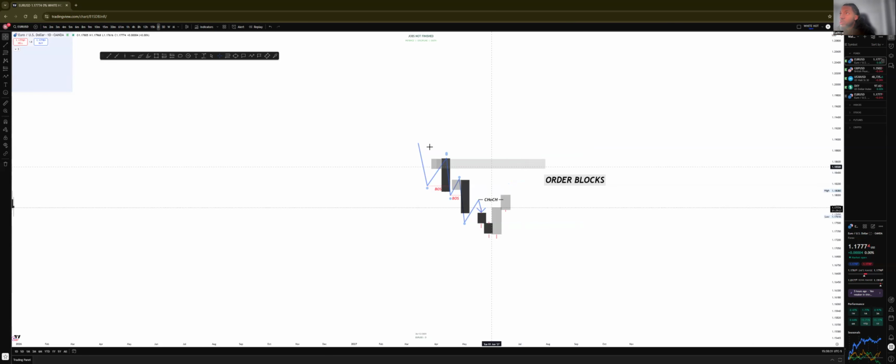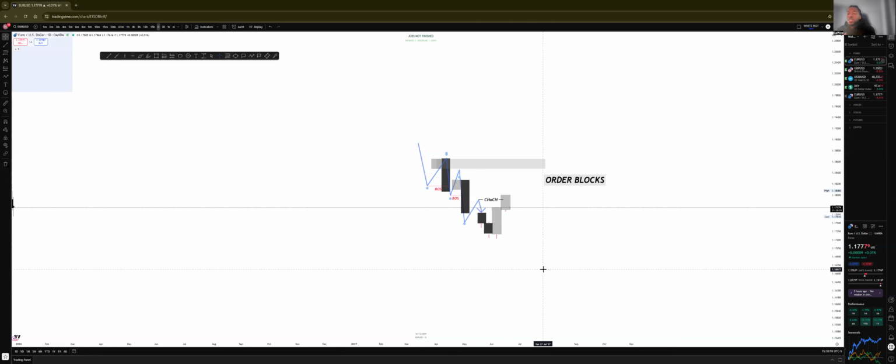Whenever you have an order block sitting like this, where no candles, not even the wick, has tapped it yet, even if it got close to it like this but hasn't been tapped, it is called an unmitigated order block.